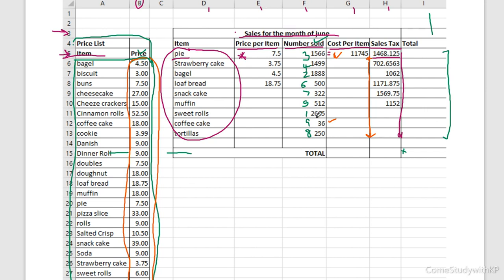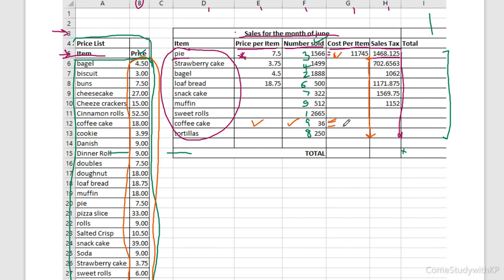And remember, cost per item was E times F. So if we're in G12, E would be this cell times this cell to give us the value in cost per item.